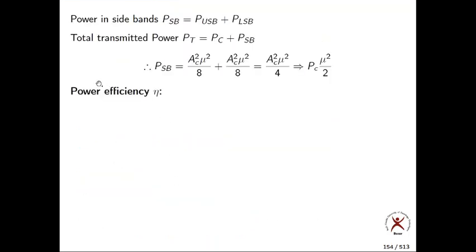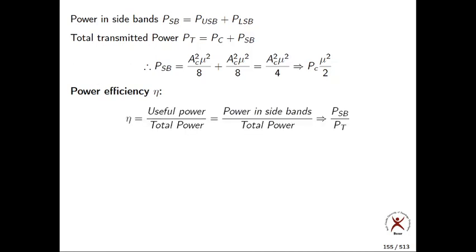Now what is the power efficiency? We have derived it just now. Useful power by total power. What is the useful power? Power in sidebands. So that is nothing but power in sidebands by total power. We have derived the power in sidebands and the total power just now, so substitute these values in this expression.